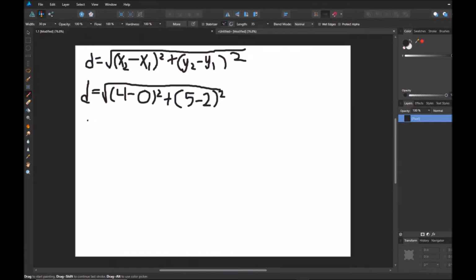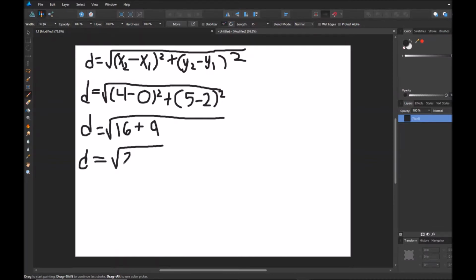Now we do 4 minus 0, which is just 4, and then 4 squared is 16, so we write that as 16, plus 5 minus 2 is 3, and 3 squared is 9. And then we do the square root of 16 plus 9, which is the square root of 25.